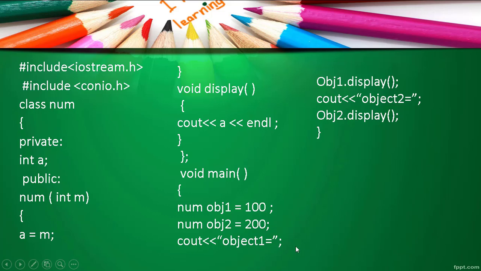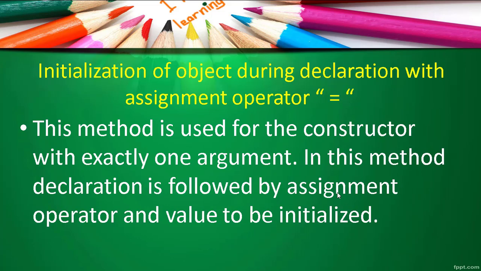So the output will be object 1 is equal to 100 and object 2 is equal to 200. So there are 3 ways to invoke the parameterized constructor. One is implicit call, the second is explicit call, and the third, what we are studying now, is initialization of an object during declaration with an assignment operator, that is the equal sign.